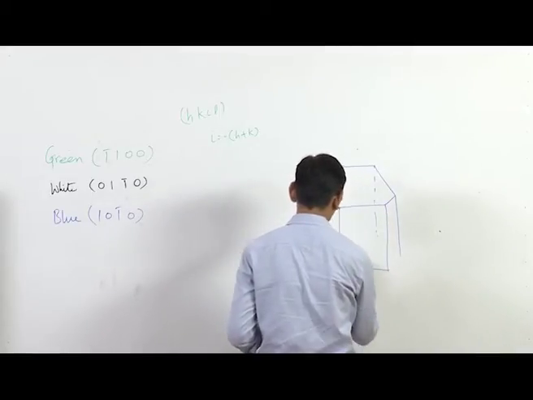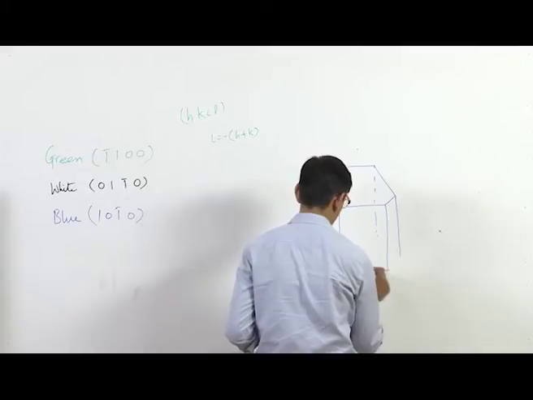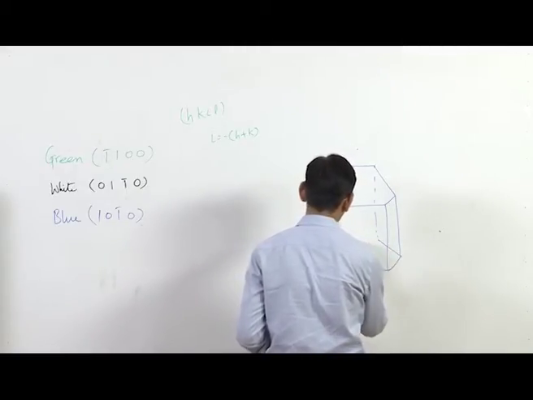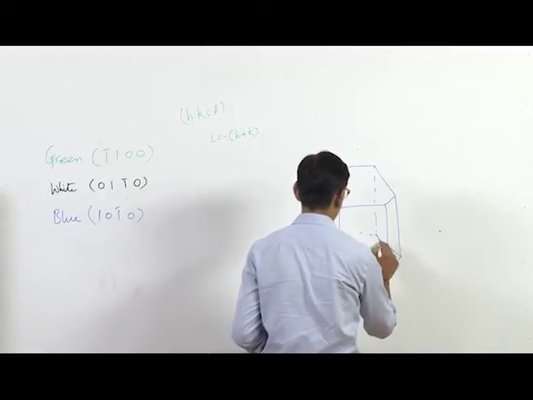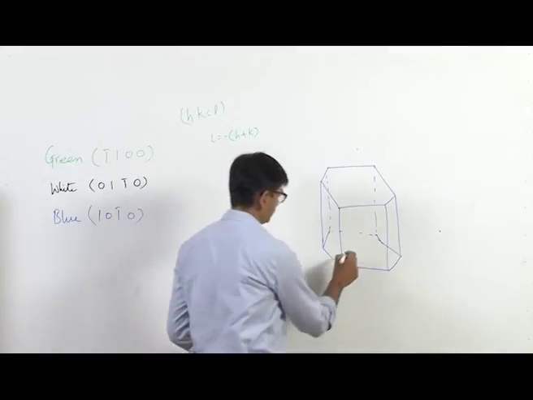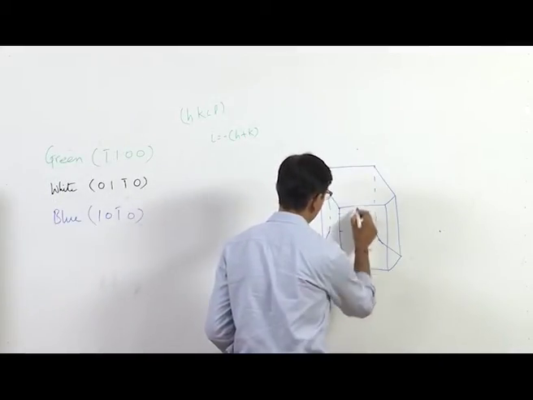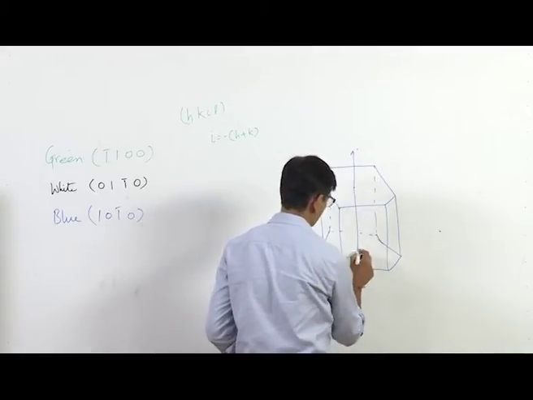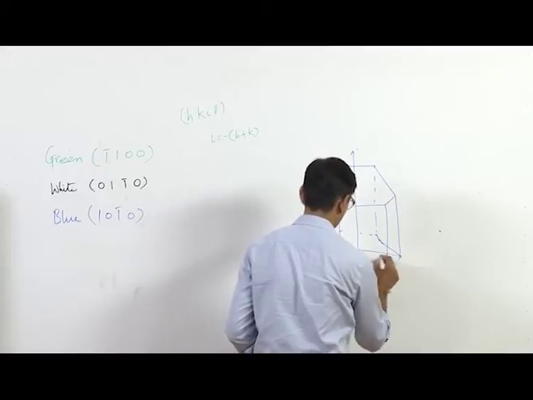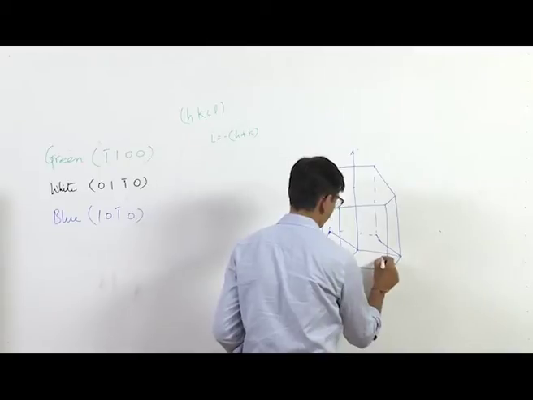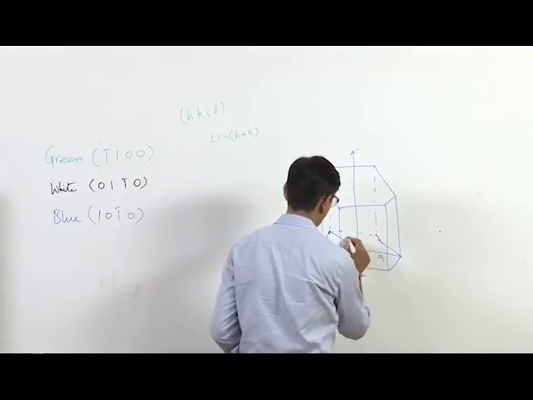So, this is how it is, something like this. And this is my C axis, these are my A1, A2, A3, this is A1, A2, A3.